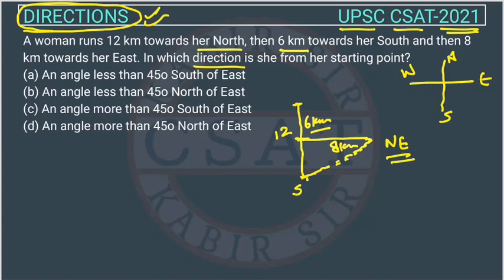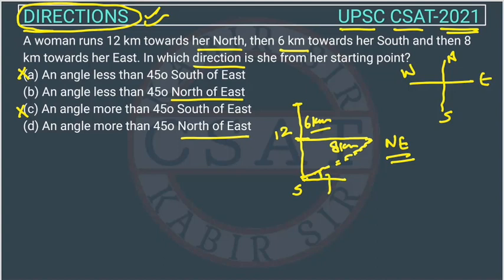But in the answer options they have asked the angle also. We know the answer will be north of east, so we can cut option A and option C. The answer will be B or D. Now they are asking whether this angle is greater than 45 or less than 45.